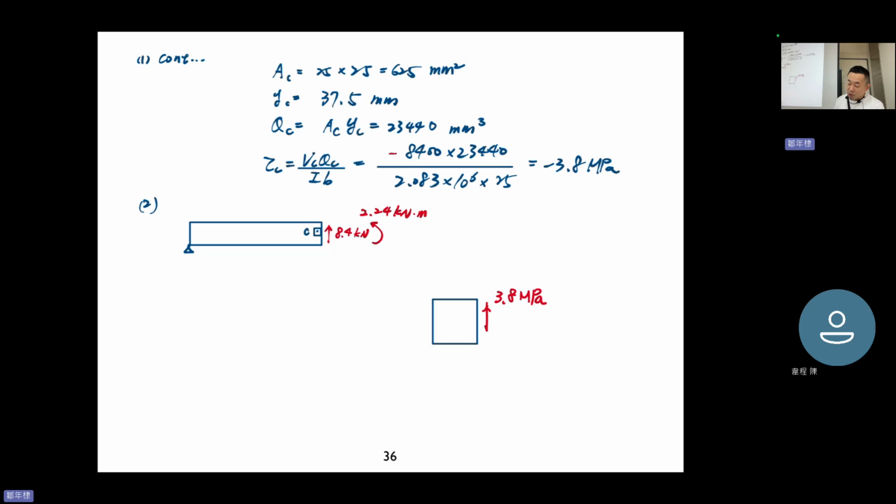When we draw the stress element, we need to identify the actual direction of the force. So you need to pay attention to this.